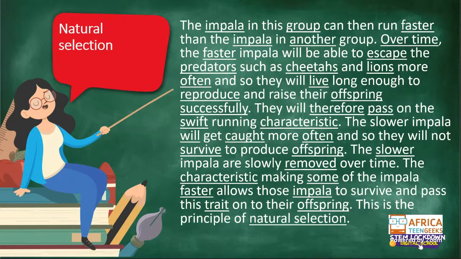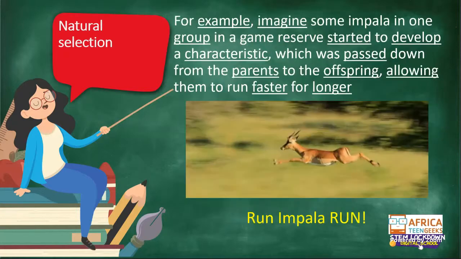So if we go back to this one, we can see that over time the faster impala will be able to escape. What I want you to understand is, if some impala have the characteristic trait of running faster and longer, just because they can run faster and longer does not mean that all the other ones that are slower will immediately die.